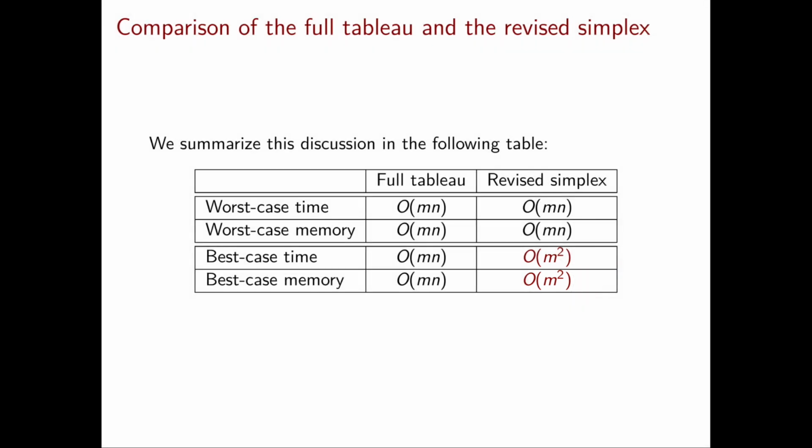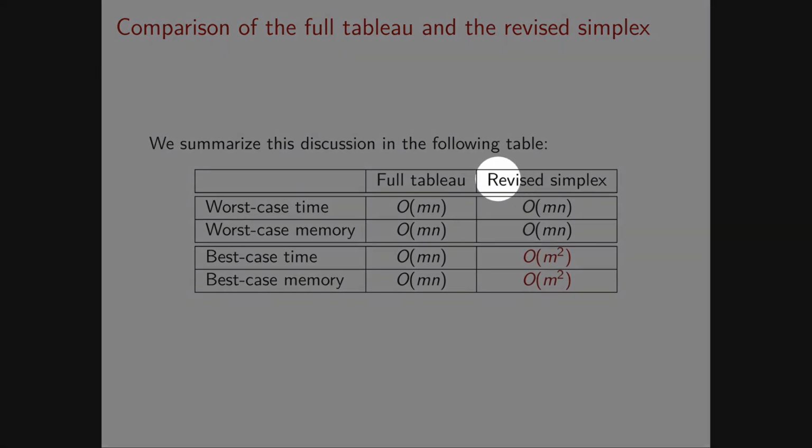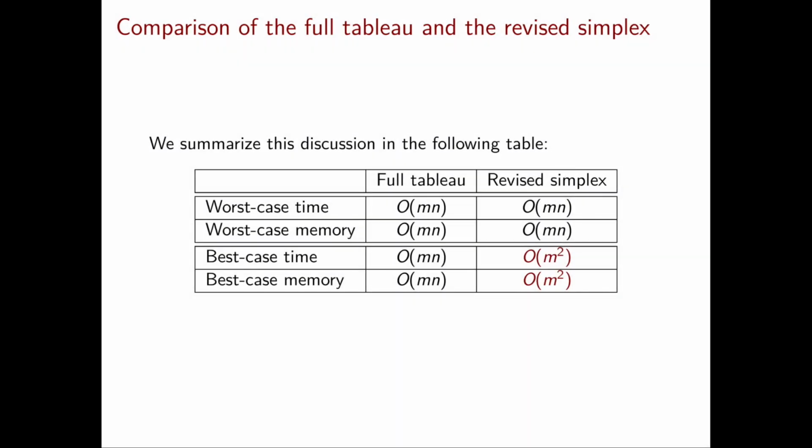So all in all, full tableau and revised simplex have very similar requirements in the worst case, but in the best case, the revised simplex is better. This is why among the 3 implementations that we have seen, the revised simplex is the most efficient, both in terms of time and memory. And with this table, we conclude our video on the different implementations of the simplex method.